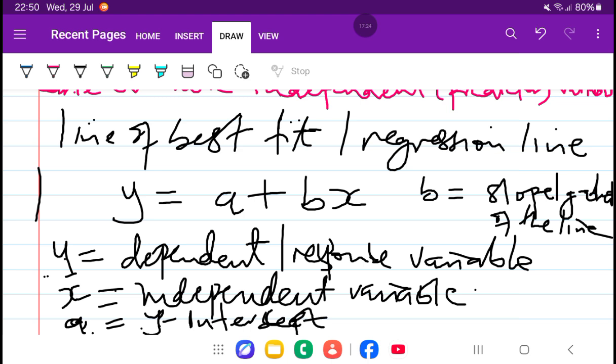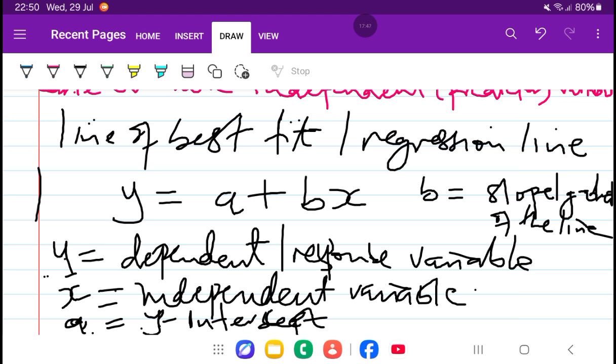Of course, before we look at the different forms of regression, remember in our study objective we said that our focus is going to be on simple linear regression models.